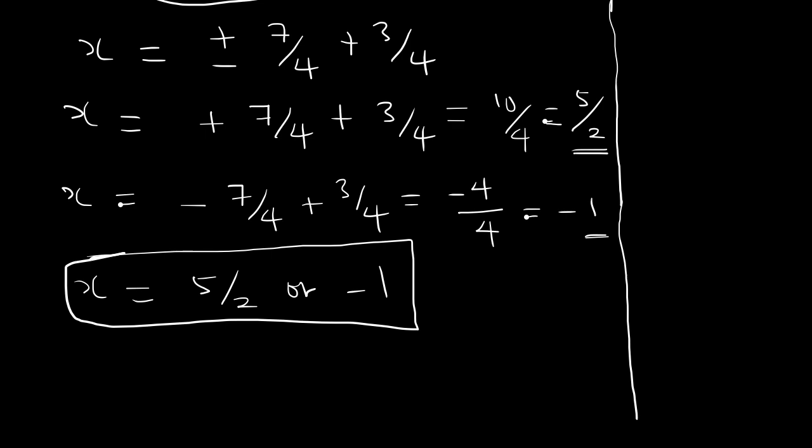By dividing through by that number, the coefficient reduces to 1. So at that stage, we can now continue with our process of completing the square method.